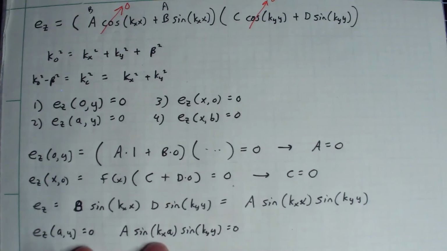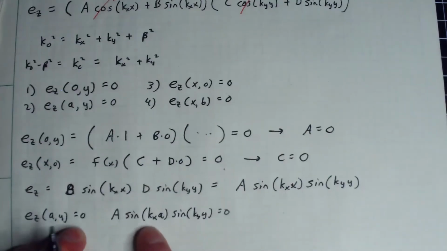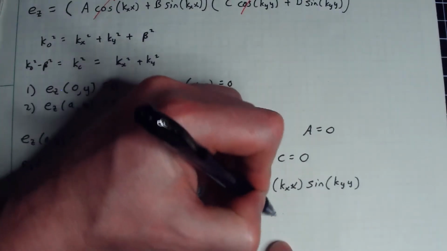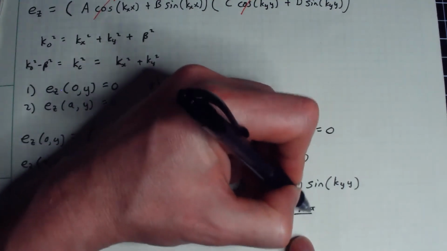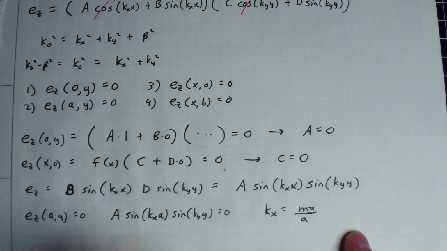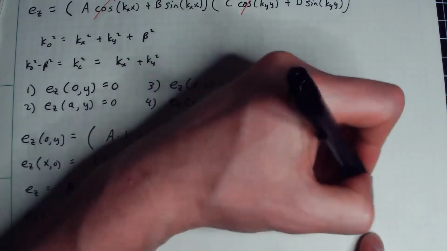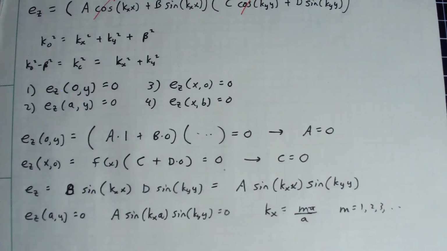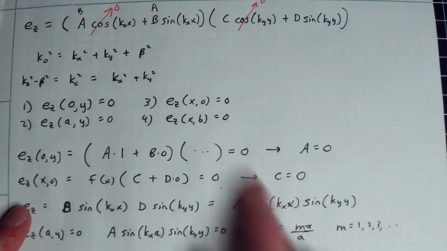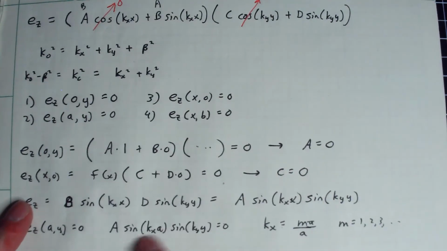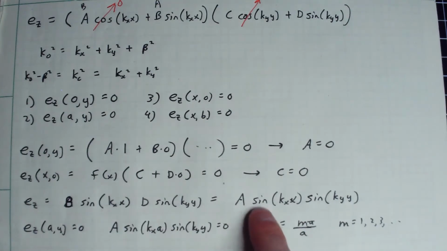So this stuff now divides out, and this has to satisfy the condition where k sub x is equal to m pi over a, where m is equal to 1, 2, 3, any positive integer here. You notice 0 is not allowed, because if I put in a 0 here, I get k sub x is 0, and my general solution becomes 0 as well. I just get a 0, which is a trivial solution.